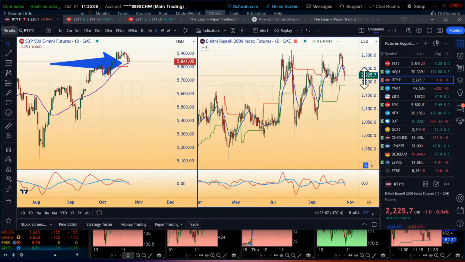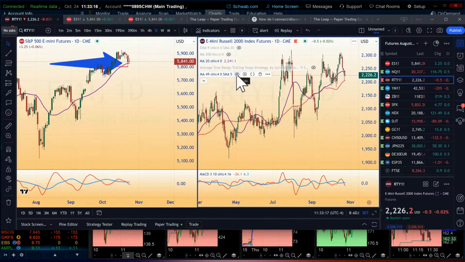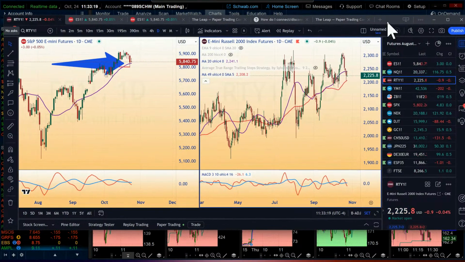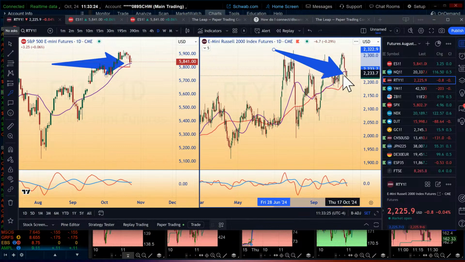On the right is the Russell. I'm going to take off everything other than the 20 moving average, and I'm also going to keep up the 50, and I'll show you why. So the Russell has been lagging. You're going to see that when the Russell two days ago went to the 20 moving average, this is why I harped yesterday that the S&P was going to go to the 20 moving average.